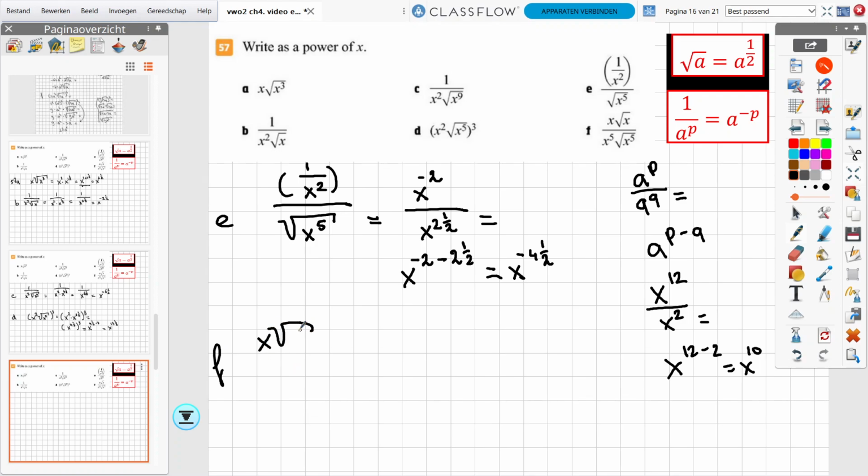X root x over x to the power of 5 root x to the power of 5. Yeah, okay, why not? Again, take a look at those units separately. The top is the same as x times x to the power of a half. Root x is the same as x to the power of a half.